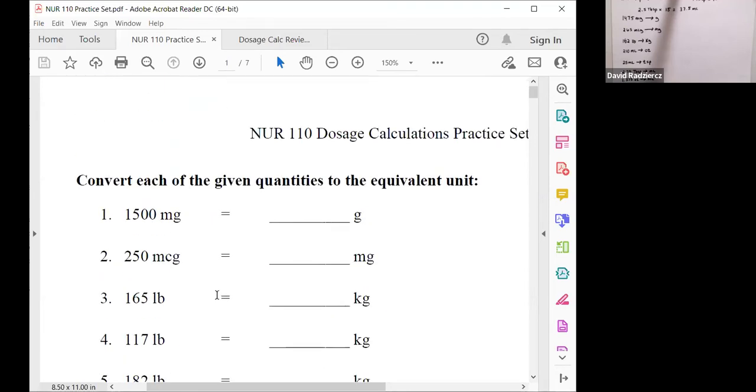Because you have the answer key also posted, you can see, okay, am I getting the right answer, or why am I not getting this? I want you to have that kind of feedback so you can let me know when you ask questions.